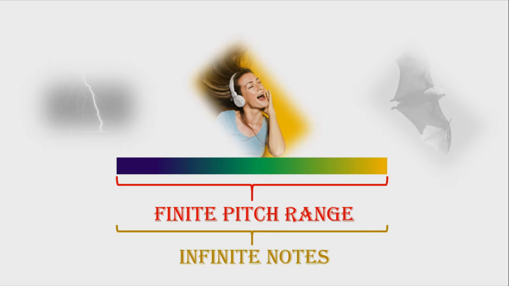This is because a pitch range is a continuous and unbroken continuum that can be divided into smaller and smaller points over and over again, with each point representing a unique pitch for a unique note.